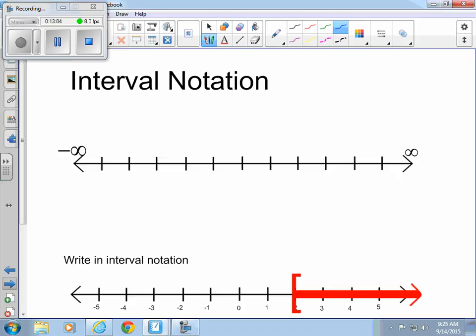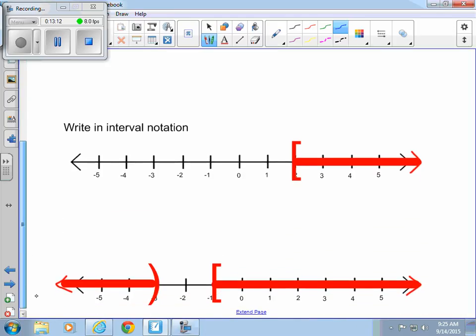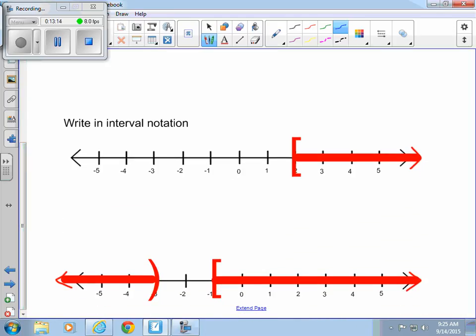Anytime you are using interval notation, if it's new to you, I would highly recommend drawing a number line. Because what you really are doing is using a number line to describe where x is. So if I have this representation on a number line, the bracket means all the numbers including 2 that are greater than 2.